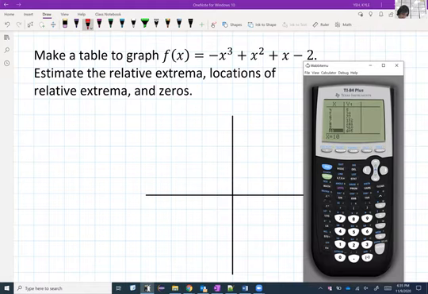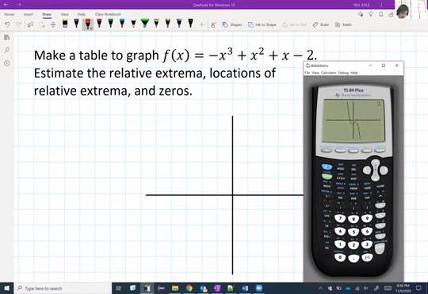So I'm going to go on, I'm going to say y equals and clear that out and get -x cubed plus x squared plus x minus 2. Type it in, hit graph. It should be kind of a downwards facing cubic, so down, up, down, which it looks good.